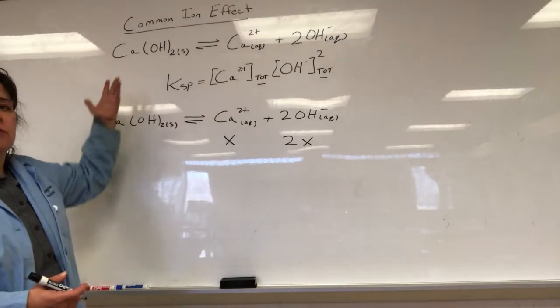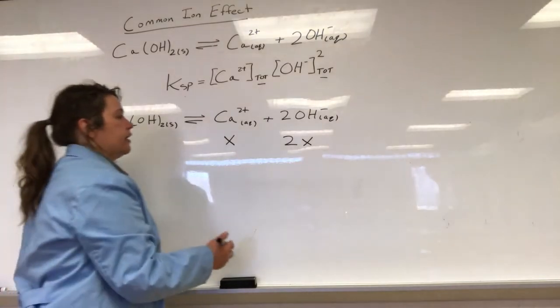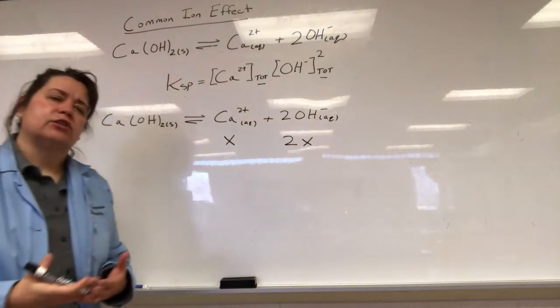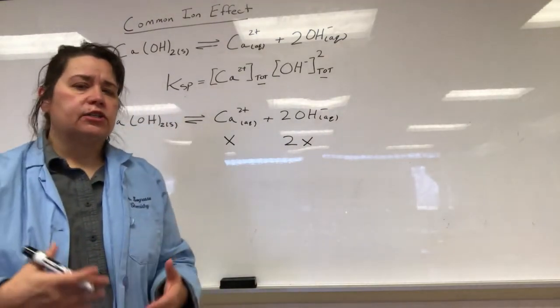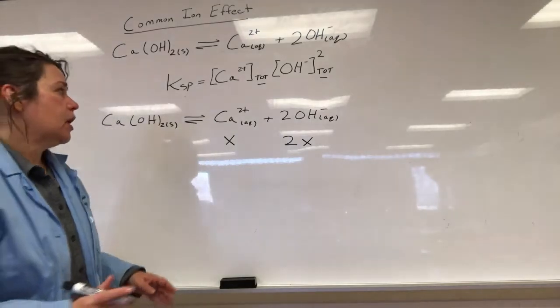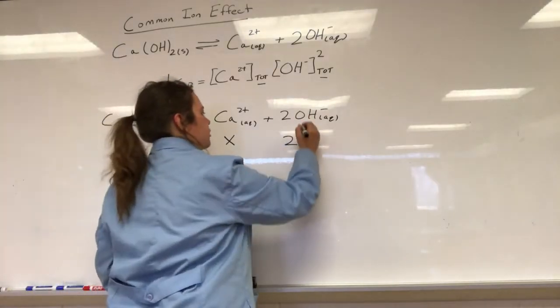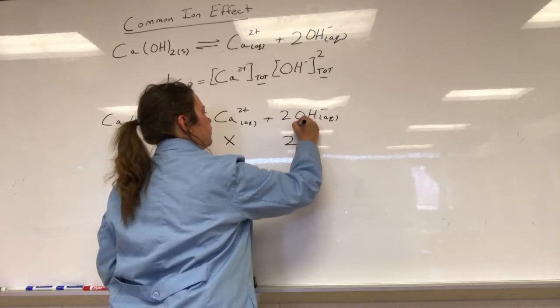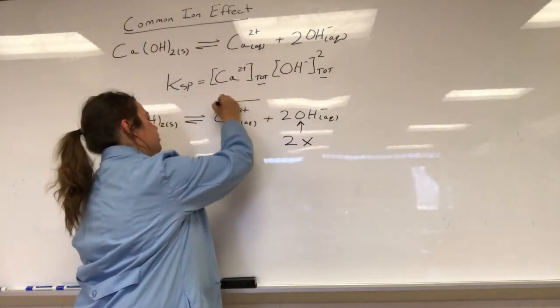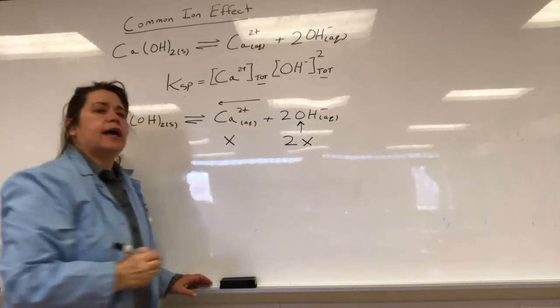This is known as the common ion effect, where if we have an outside source of hydroxide, so say we try to dissolve calcium hydroxide in a solution that already contains some dissolved sodium hydroxide in it, the additional hydroxide that's present initially by Le Chatelier's principle will drive this reaction to the left.